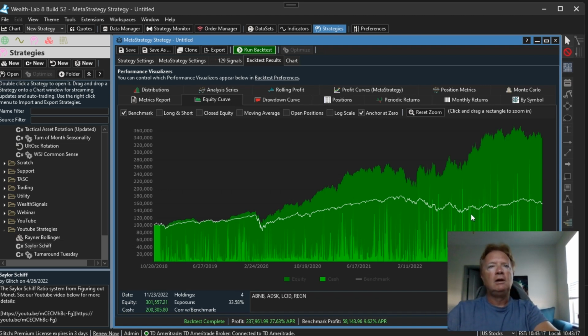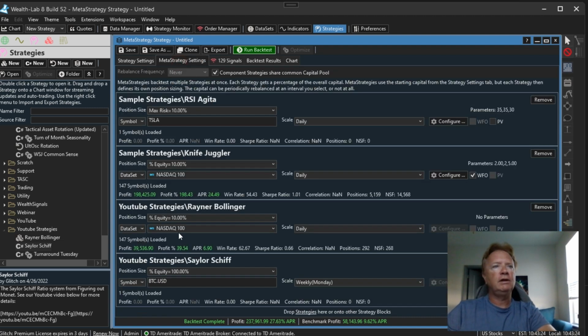You can also manage the position sizes of each strategy individually here in the MetaStrategy settings to control how much of the shared capital each strategy's positions will take. So that is the new sharing of the common capital pool for MetaStrategies in Build 52.